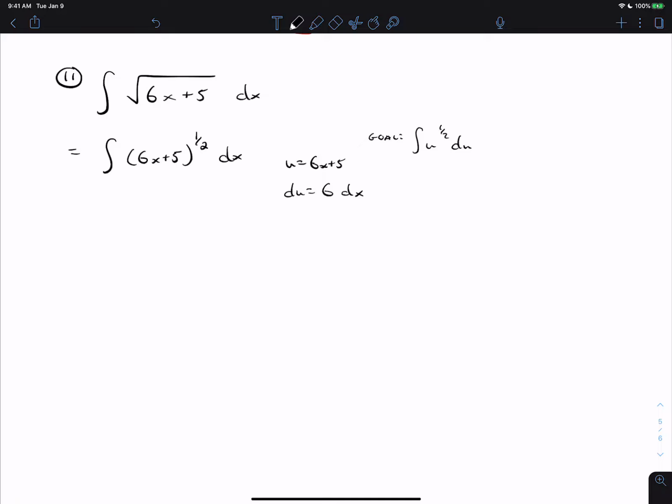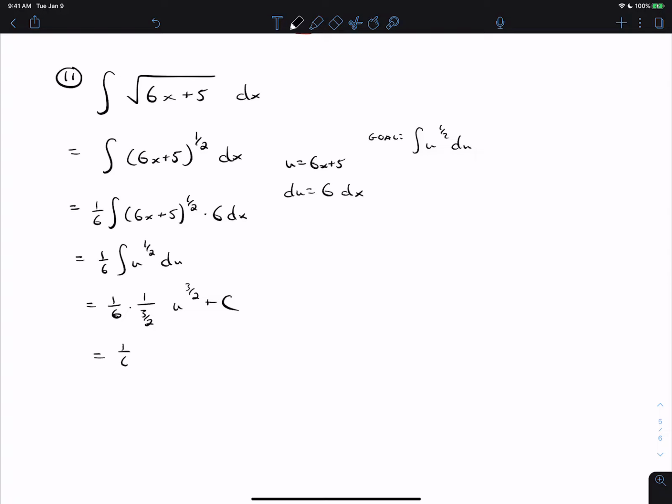So there's nothing to move around here, but we do need a 6 with the dx. So to change dx to 6 dx, technically we're multiplying by 6, which means we're going to multiply outside by 1 over 6. That gets us 1/6 integral u to the 1/2 du, which is 1/6 times 1 over 3/2 u to the 3/2 plus c.